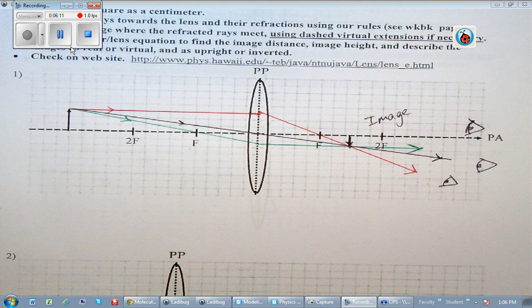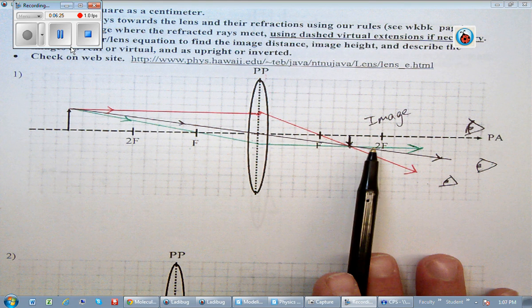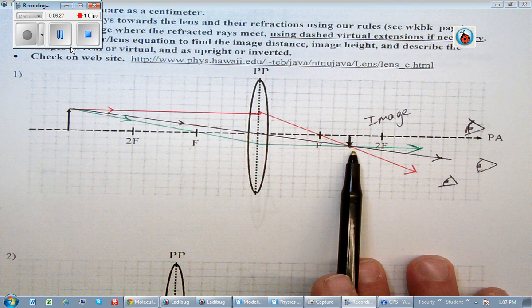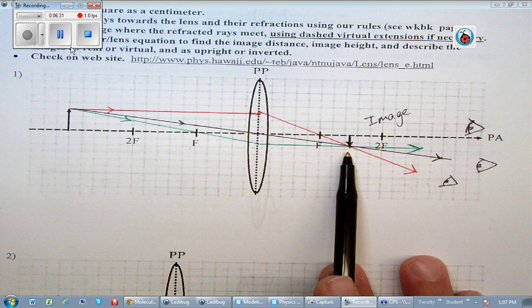So using that forward part description, we would say that this is first inverted. You can see that it's pointed upside down, which also makes it real. Now, one way to see that this is real is just like we did for mirrors. If these rays, after going through the lens, really do intersect, then it's real. And we'll be able to see this on a piece of paper.